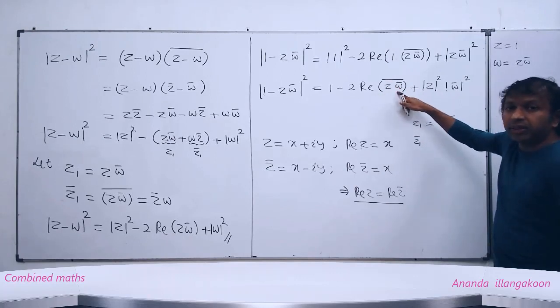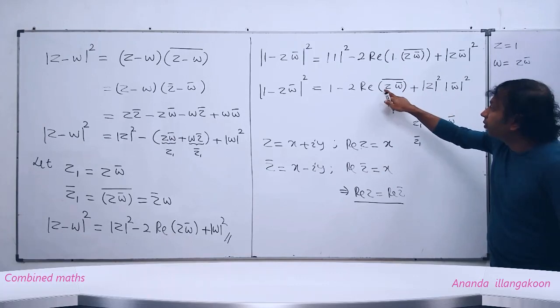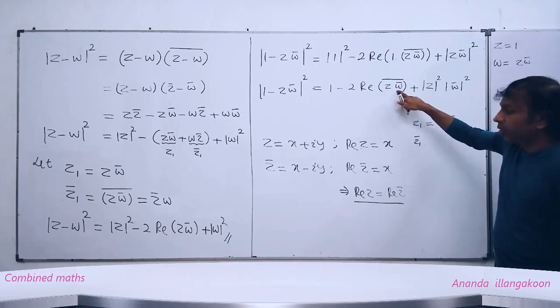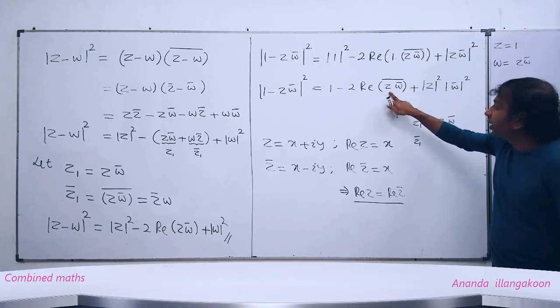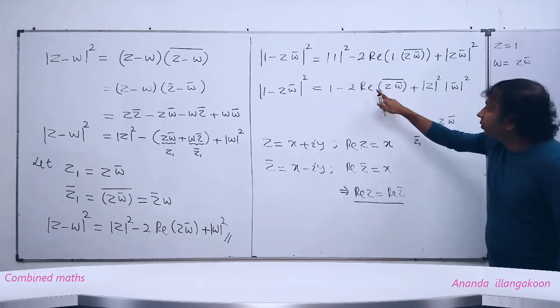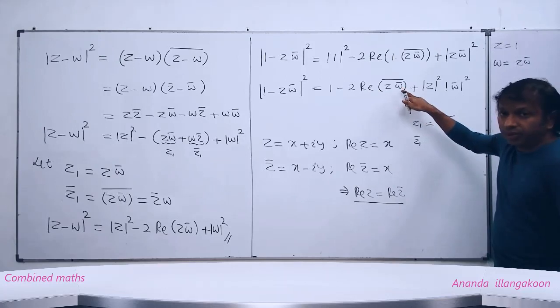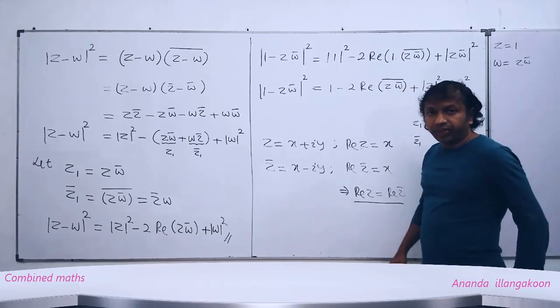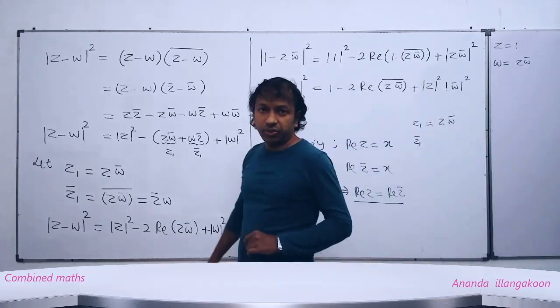But that real part is equal to real part of Z W bar. Then I can write, without this conjugate, this is equal to real part of Z W bar. Okay, that thing you have to get to your mind.